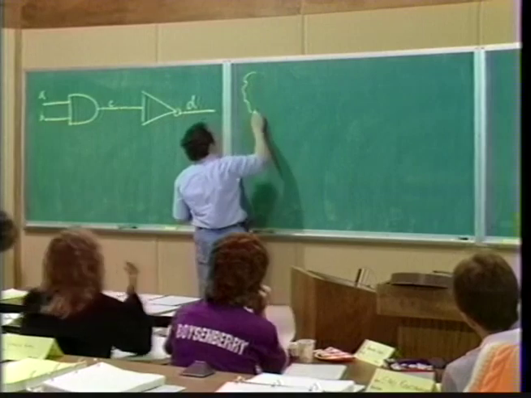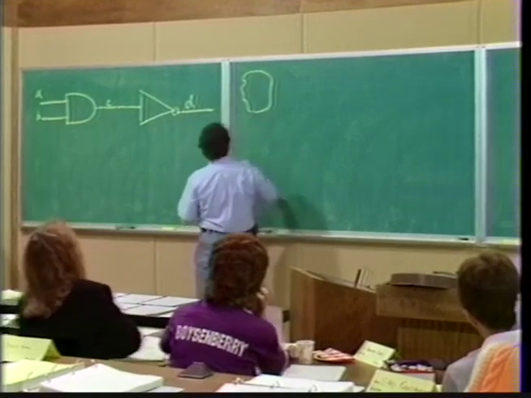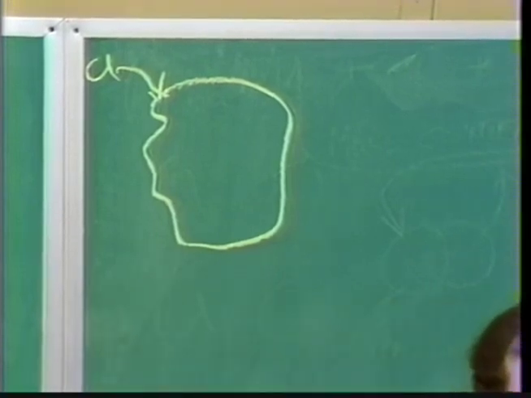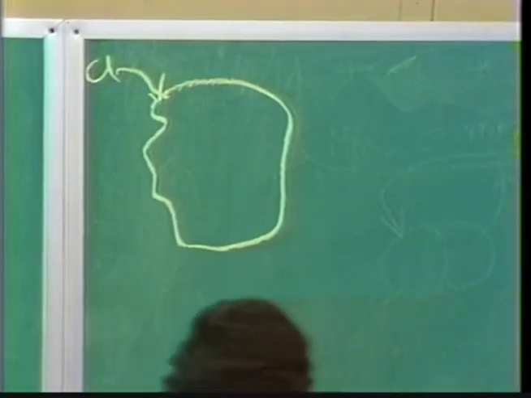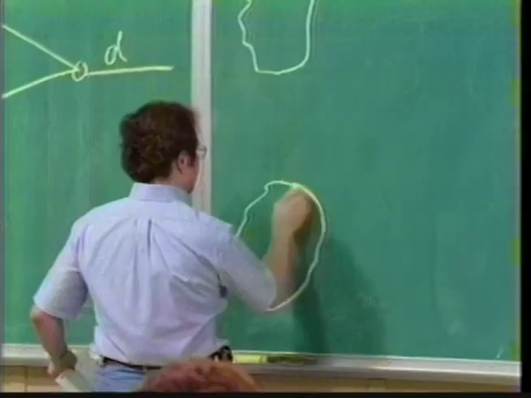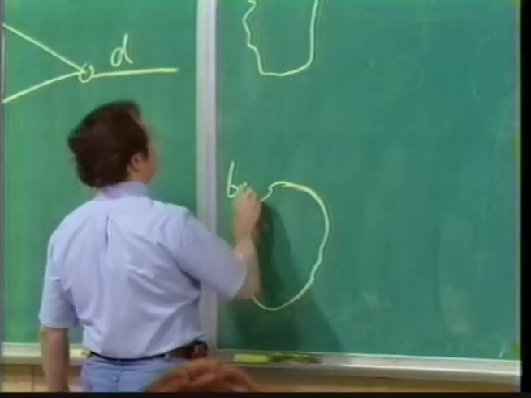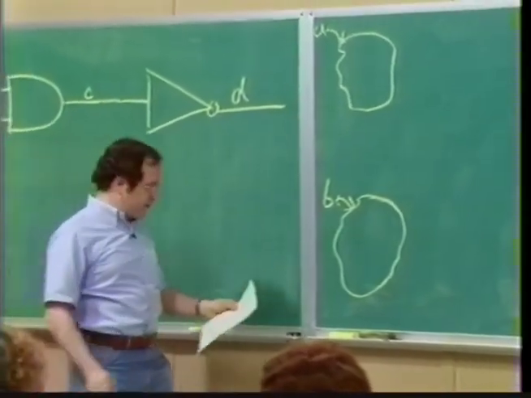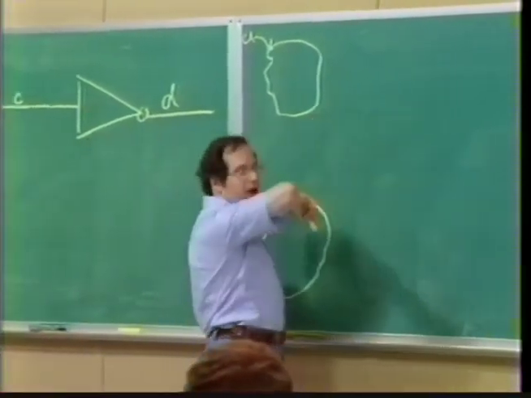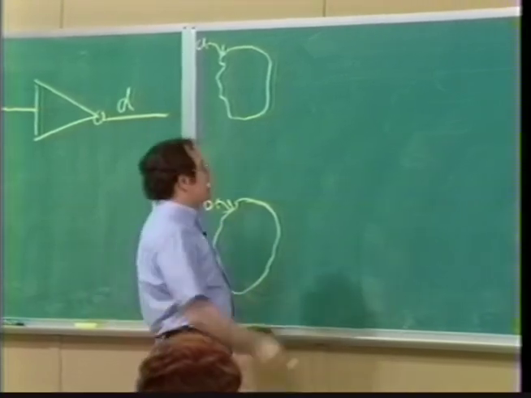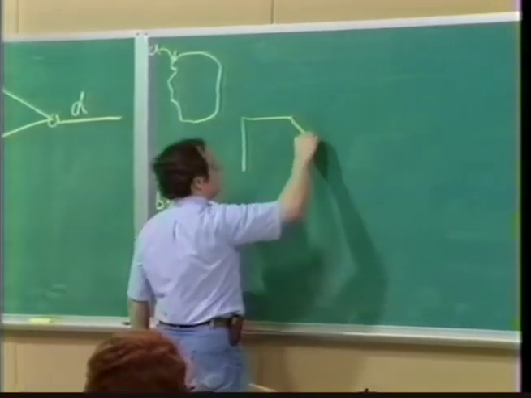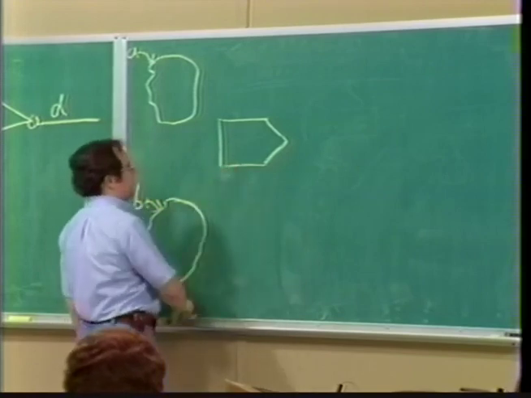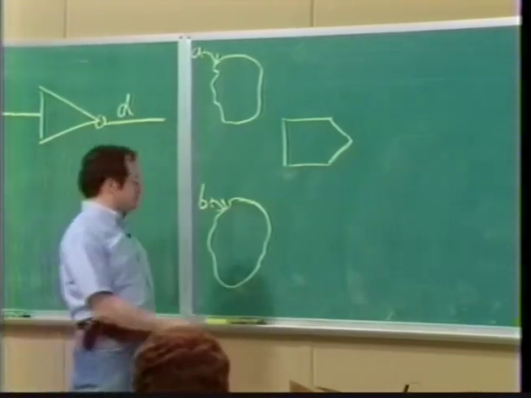Well, I have some sort of thing called the signal A. It's a cloudy thing like that. And I have another one down here, which we're going to call B. And it's another signal. Now these two signals are somehow going to have to hook together into a box, let's call it this, which is the AND gate's action procedure.